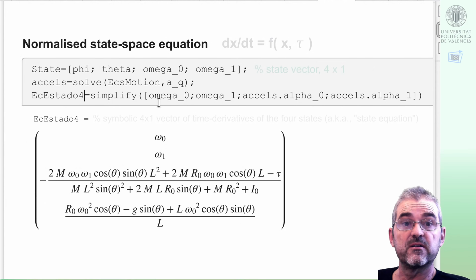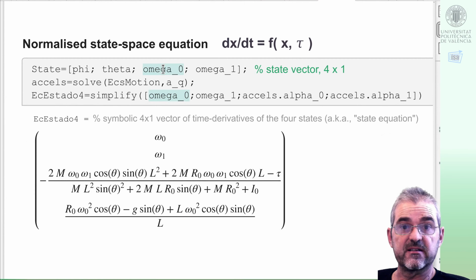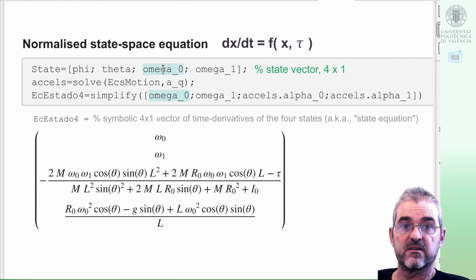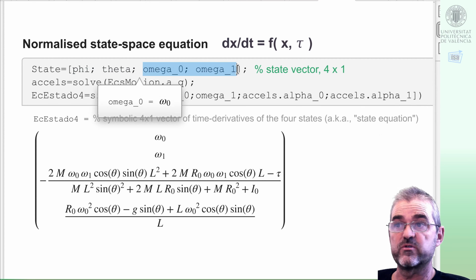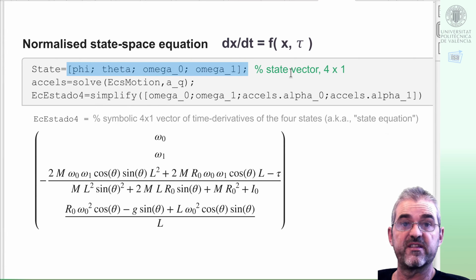Well, we will need to express things in a normalized state space equation as follows. This mechanical system with two mechanical degrees of freedom is a fourth order dynamic system, in the sense that we have two positions and two speeds as state variables, and we can write the time derivatives of these four things as a function of themselves plus the external torque.